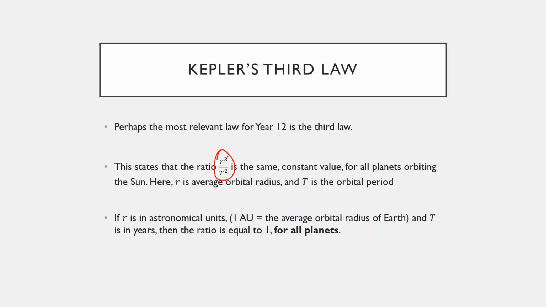You could, of course, represent the distance in meters and the time in seconds, and you'd get a different number. It wouldn't be 1 anymore. But if we define our distance to be in units of AU, and we define our period to be in Earth years, then this ratio will always end up being 1 for every planet that you talk about.